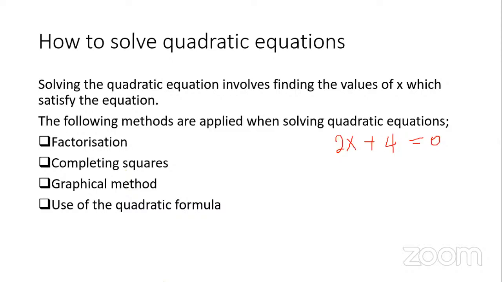Okay, as we wait for Wycliffe to unmute as well. 2x plus 4 is equal to 0. We are going to get 2x plus 4 minus 4 is equal to 0 minus 4. We are going to get 2x is equal to negative 4.